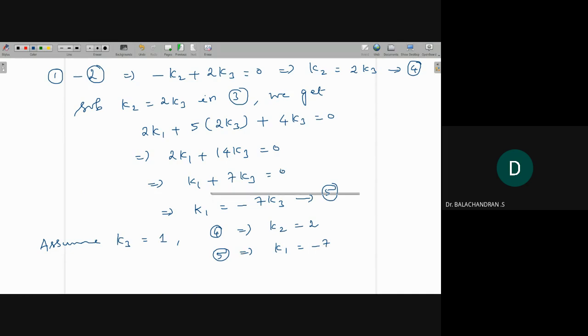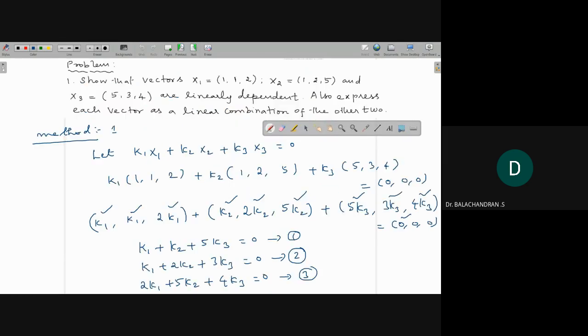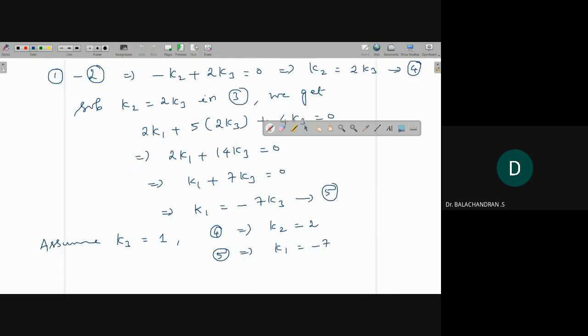Now, what is the first equation we are assuming? K1 x1 plus K2 x2 plus K3 x3 equal to 0. Instead of K1, K2, K3, I am going to replace these values. Therefore, minus 7x1 plus 2x2 plus 1 into x3 equal to 0.